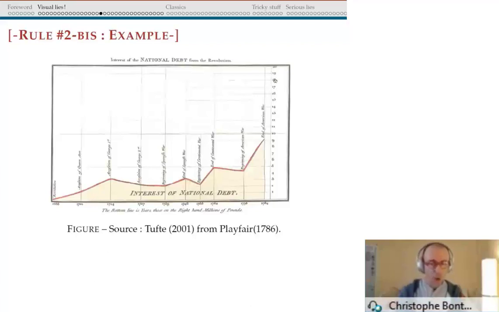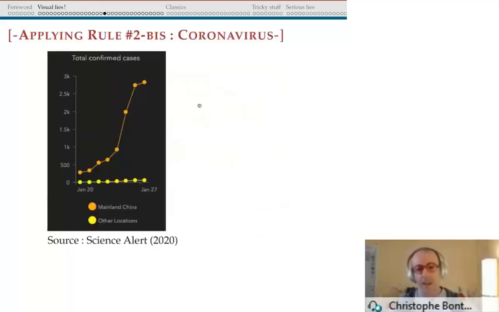So it's not new that people were playing with shapes, but we have the impression that maybe nobody used that. Look what we saw at the beginning of the coronavirus crisis in January.